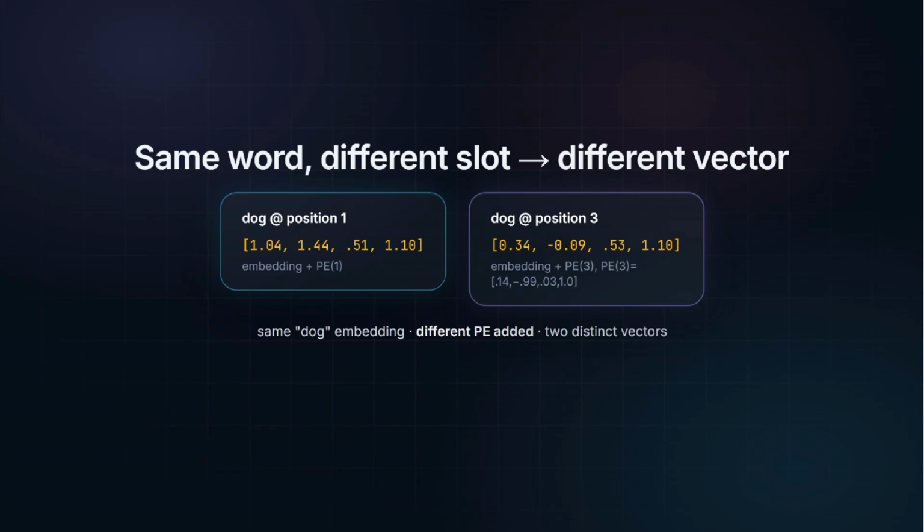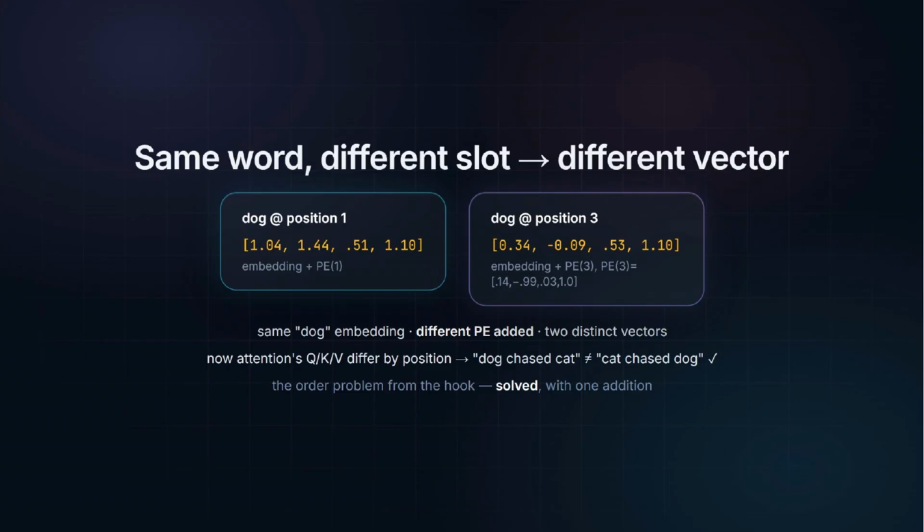Same underlying dog embedding, but a different positional stamp added, so the two come out as distinct vectors. And now, because each dog is different, the query, key, and value that attention computes are different too. So dog chase cat and cat chase dog finally produce different results. The order problem from our hook solved with nothing more than a single vector addition.